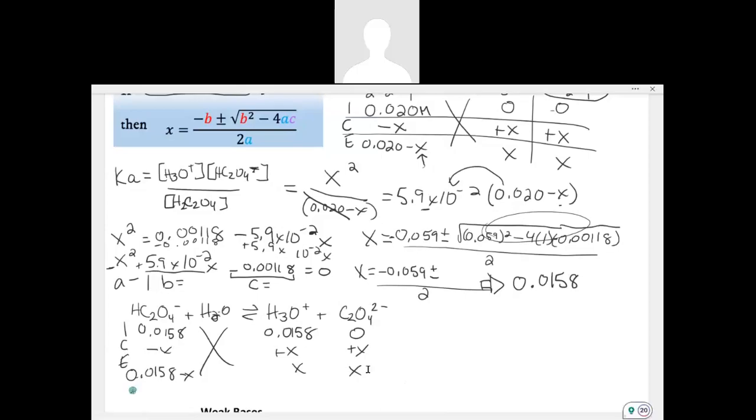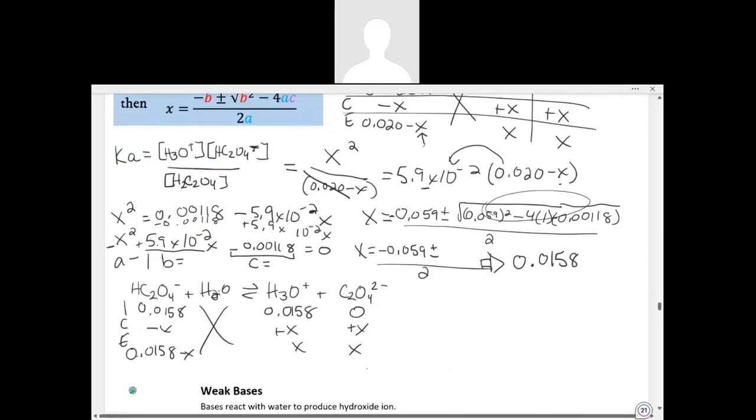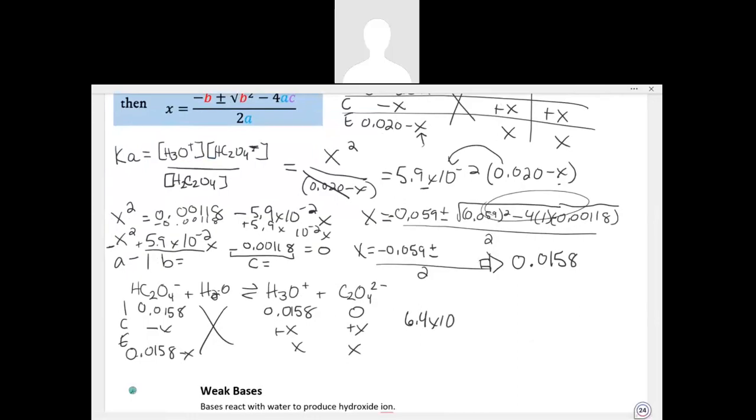So let's see what happens when we set this equal to our second Ka. Just to refresh our memory, that is 6.4 times 10 to the negative 5. So we're going to set this equal to x squared over our 0.0158, our initial, minus the change here. And let's take a look at what happens.